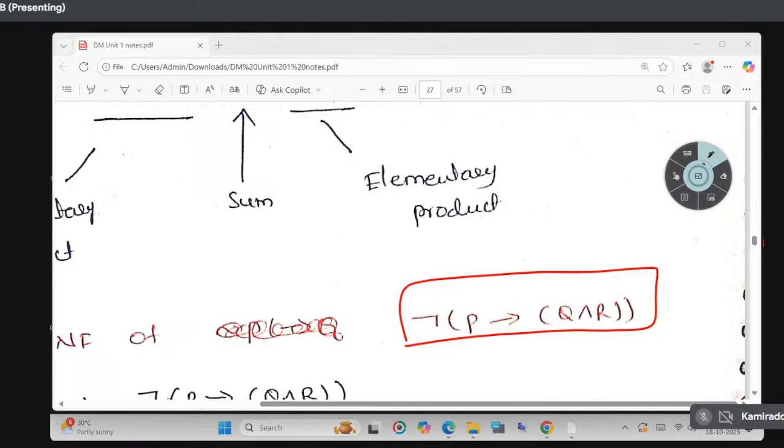So what is our final value? What is the final value?